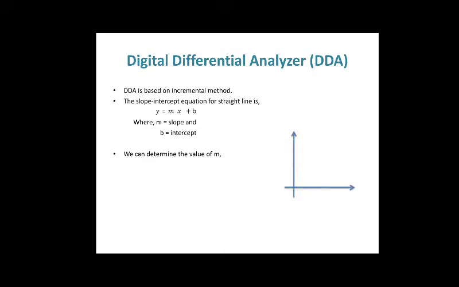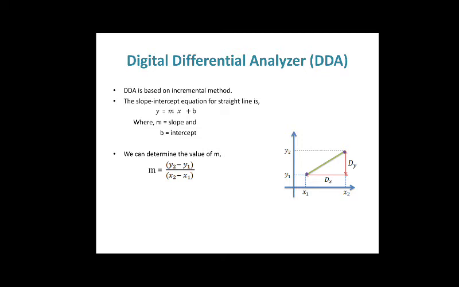So we can determine the value of m. Suppose this is a line we have drawn, then we can have its points, like you can see here x1 and x2. This is the x1 coordinate and this is the x2 coordinate. In the same way we have y1 and y2. Whenever I say change in height divided by change in width, the change in height is represented by y1 and y2.